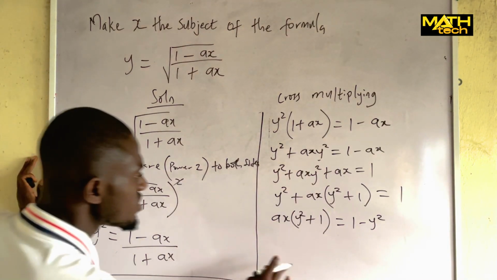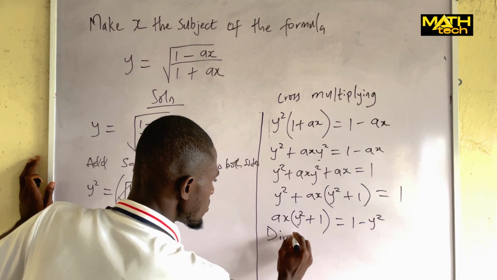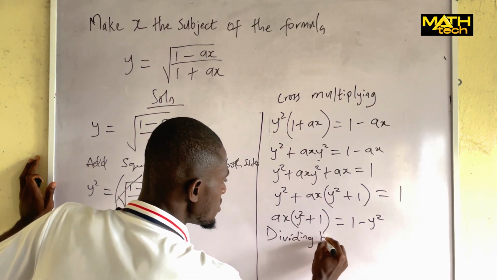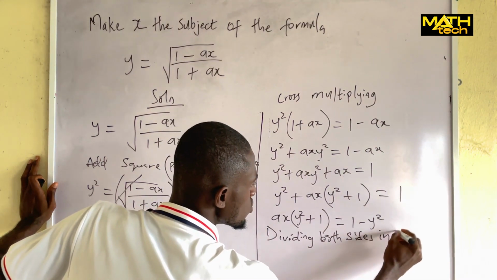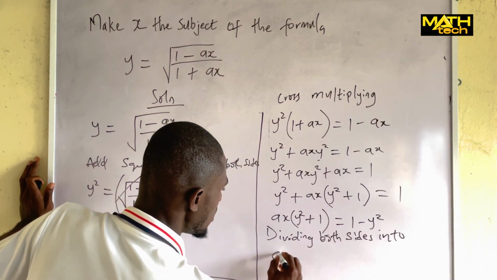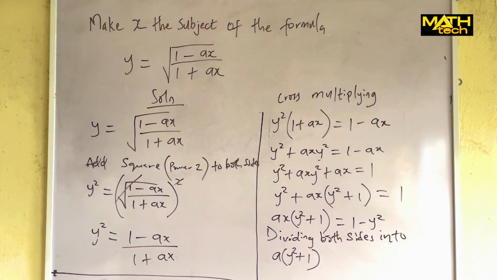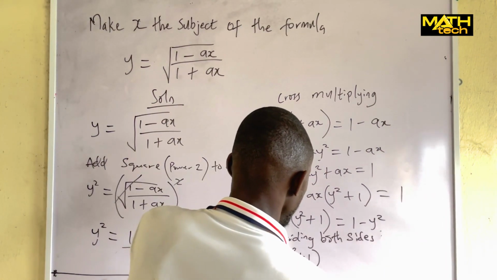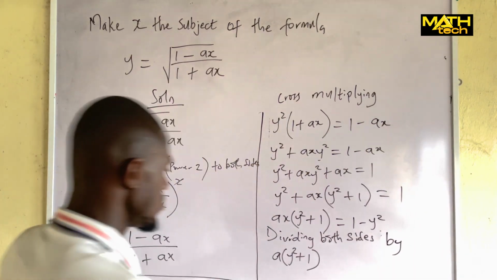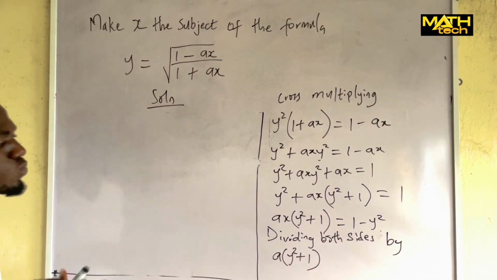So we say dividing both sides by a into y squared plus 1.